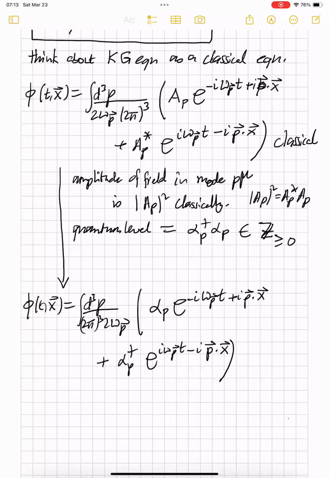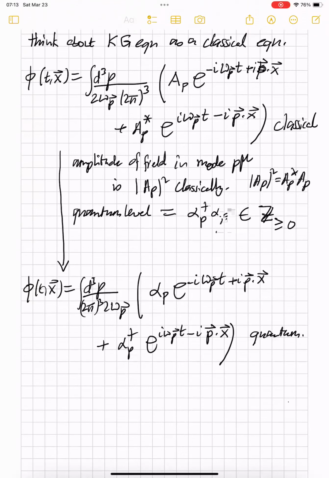Classically, you're used to hearing that the energy got quantized or the angular momentum got quantized. Here, I just wanted to show you what gets quantized in the quantum field theory: it is the amplitude of mode p mu.